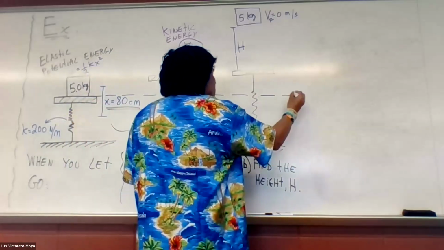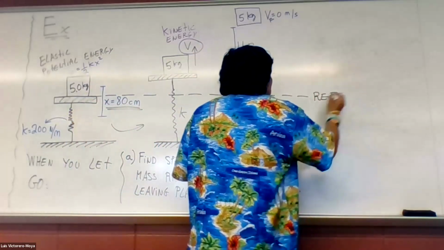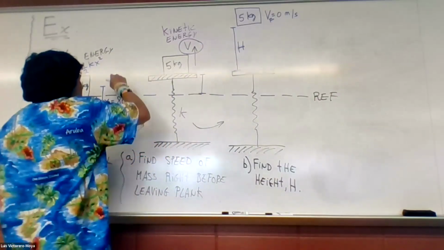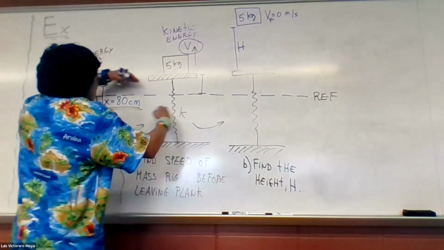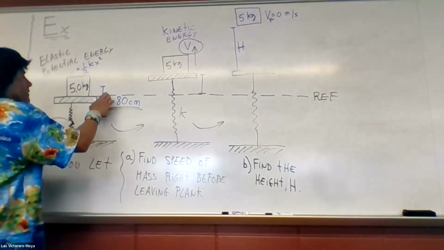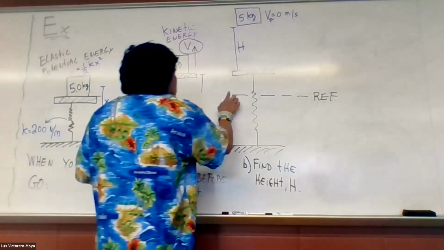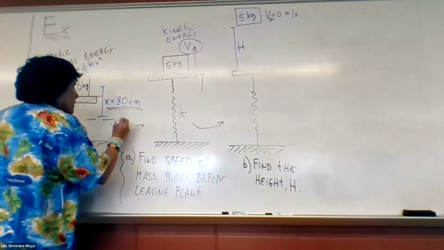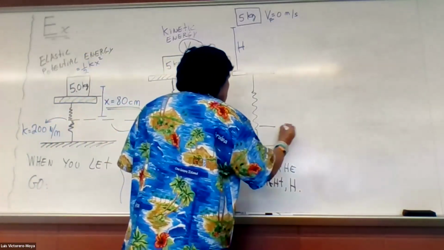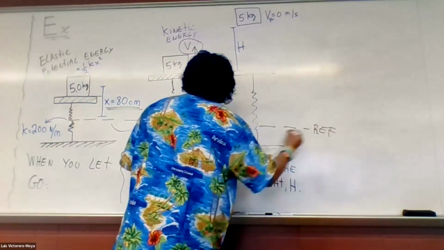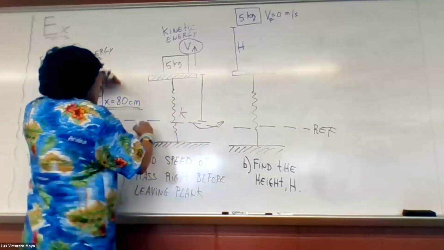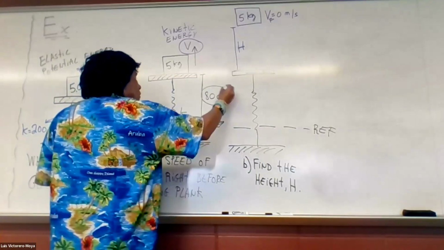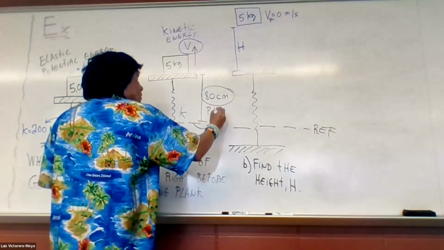This dotted line, that's my reference. It should be here, not there, my bad. There it is. That's my reference. So there's 80 centimeters. So this also gives you potential energy due to gravity.